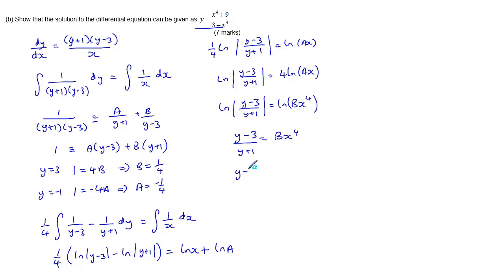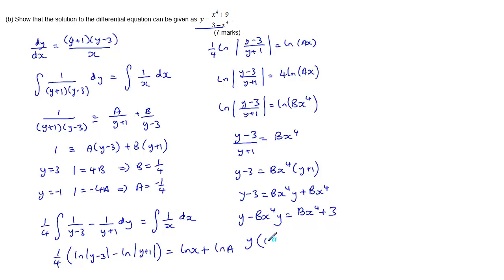So y minus 3 would be equal to bx to the 4 times (y plus 1). So y minus 3 is bx to the 4 y plus bx to the 4. So y minus bx to the 4 y would be equal to bx to the 4 plus 3.